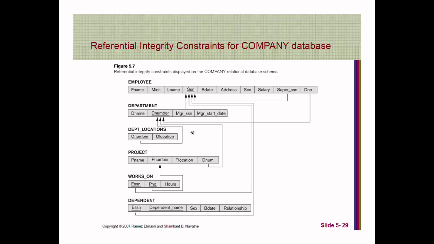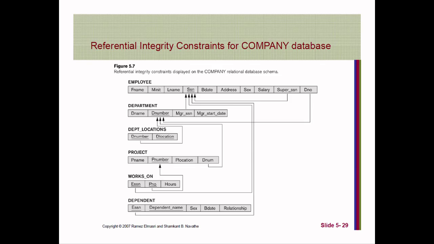But remember, there are only 5 departments in the company, so there are only 5 D number values in the department table, 1, 2, 3, 4, 5. So therefore, a D number value 10 in the foreign key in the employee D number attribute is illegal, is invalid, correct? Because the foreign key can only take an existing value of the department's D number column. So, updating the foreign key may cause referential integrity violation.